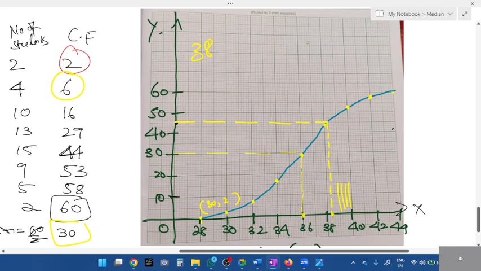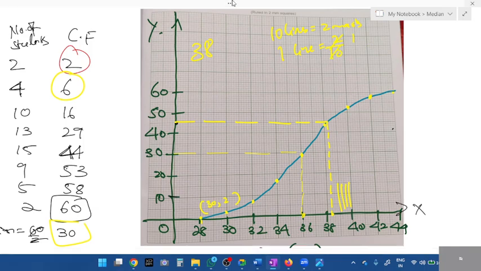Okay. So one line, what you do is 38 to 40. There are 2 centimeters or 2 marks. 10 lines is equals to 2 marks. Therefore, one line is equals to 2 divided by 10. It is not 0.5.